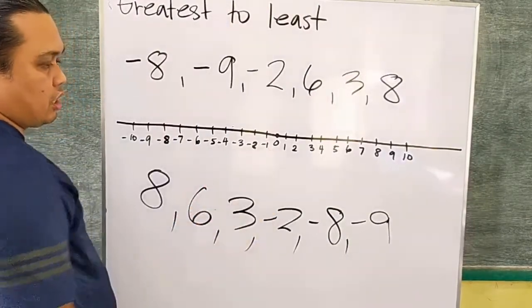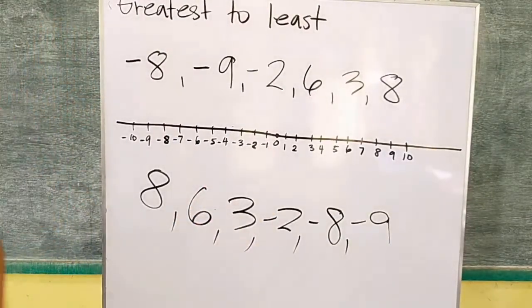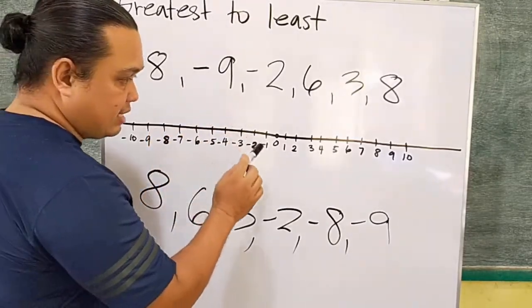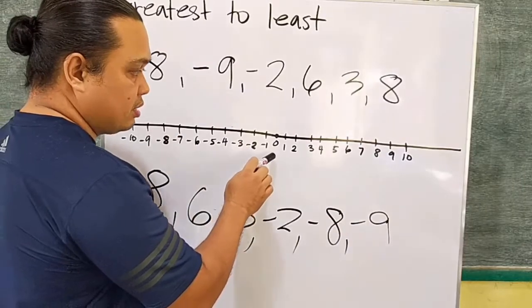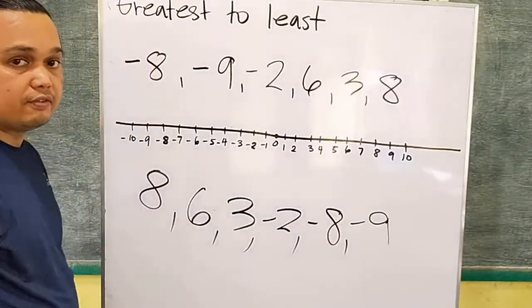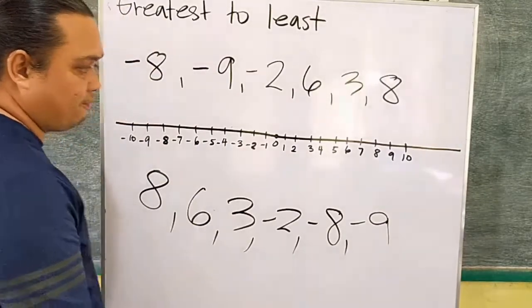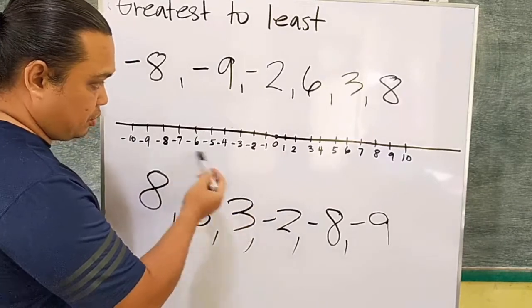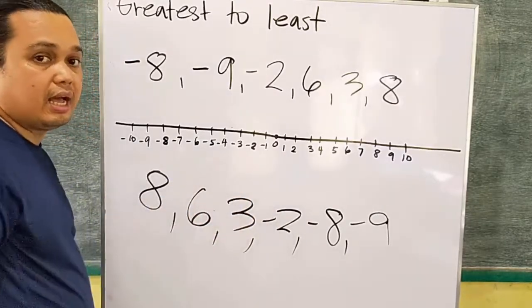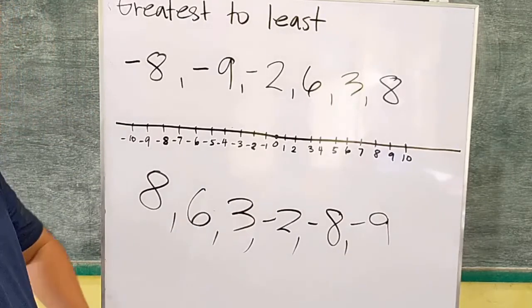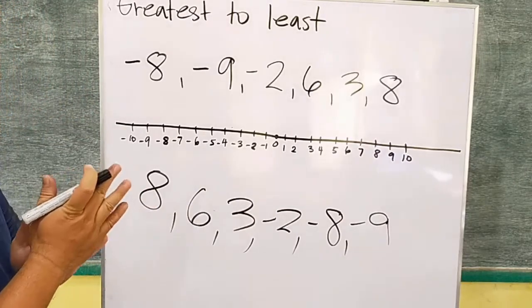According to value, the farther the number to the right of 0, the greater the value, while the farther the number to the left of 0, the lesser the value. That's how we arrange integers according to value.